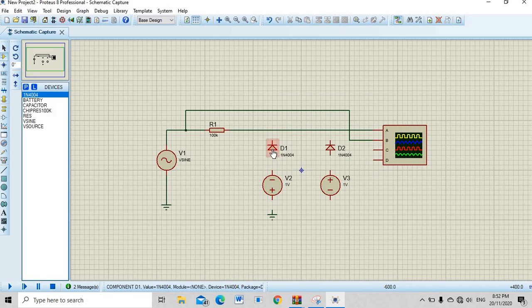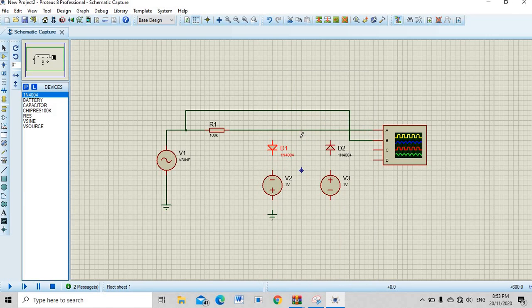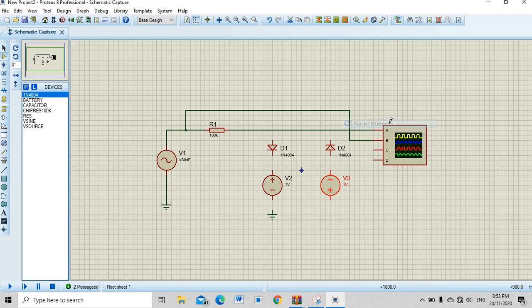Change the direction of diode 1 and also voltage source 2. And don't forget to put grounding, the terminal mode ground, here.